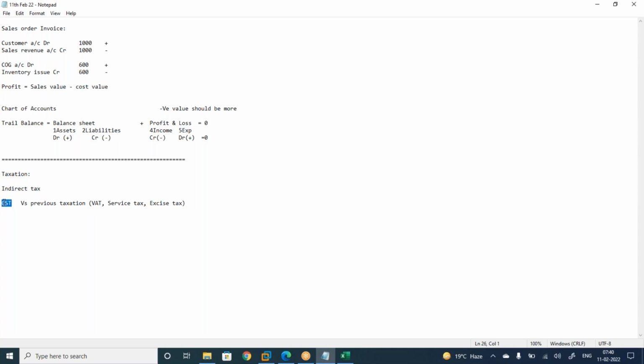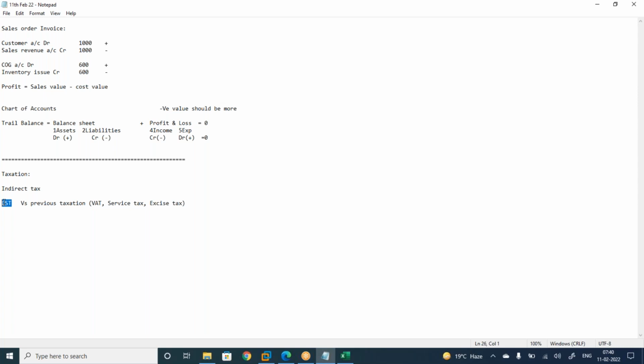In the current system, you are avoiding the tax this way. If you buy the 10 computers, you might have paid the tax on it, and then when you sell it, you collect the tax.